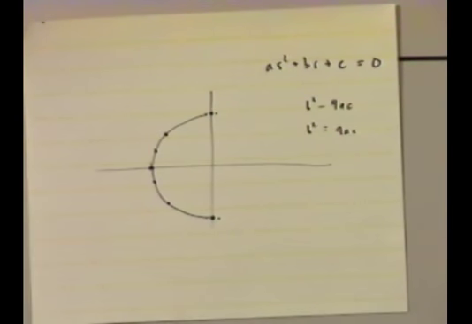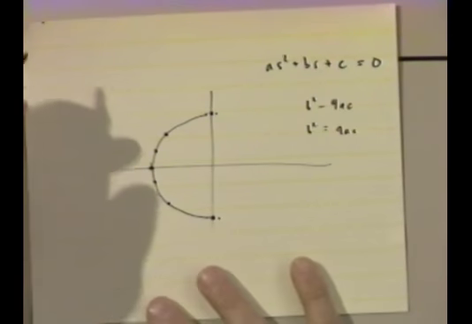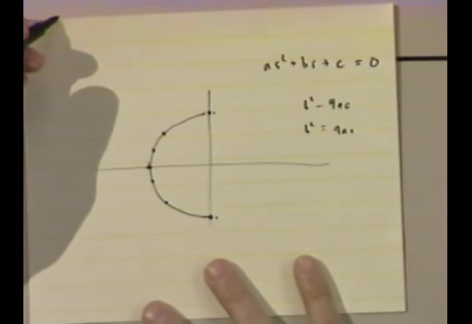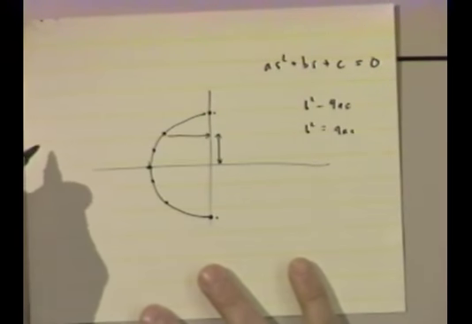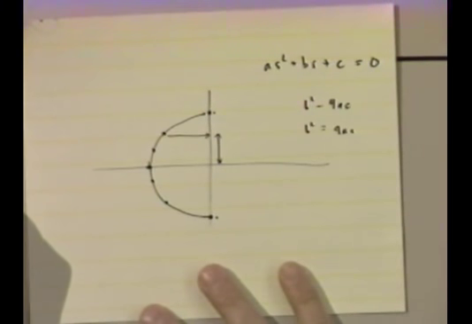What's happening to the oscillation frequency? How do you read the oscillation frequency from this diagram? How tall it is, precisely, the height. Remember, up and down is oscillation frequency, left and right is growth or decay rate.